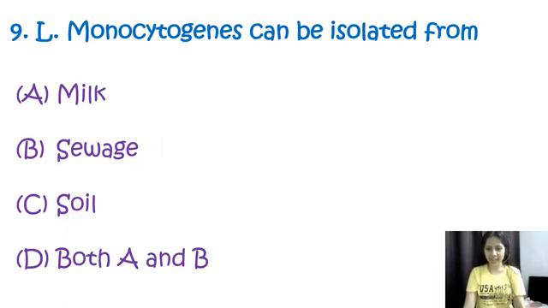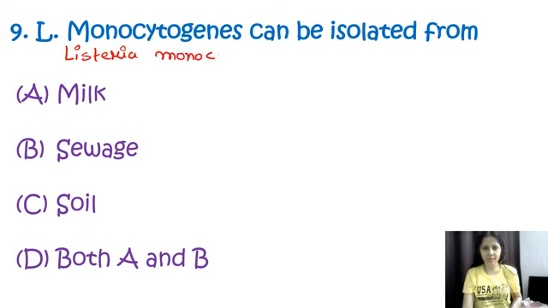Next, question number 9. L. monocytogenes can be isolated from. What does this L mean? It means Listeria monocytogenes.